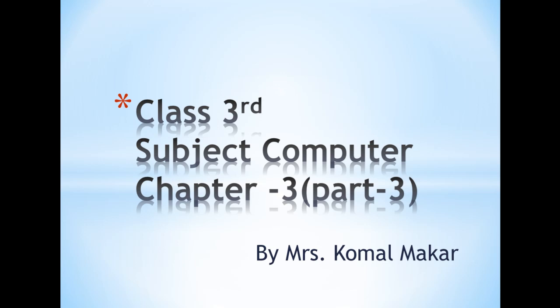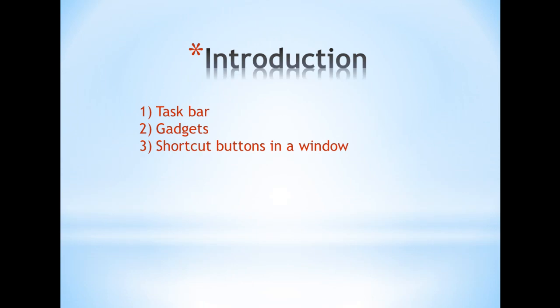Today we will study Chapter 3, GUI Operating System and Introduction, Part 3. Students, in the previous parts 1 and 2, we studied what is an operating system, what is GUI, MS Windows, and the desktop components of Windows 7.